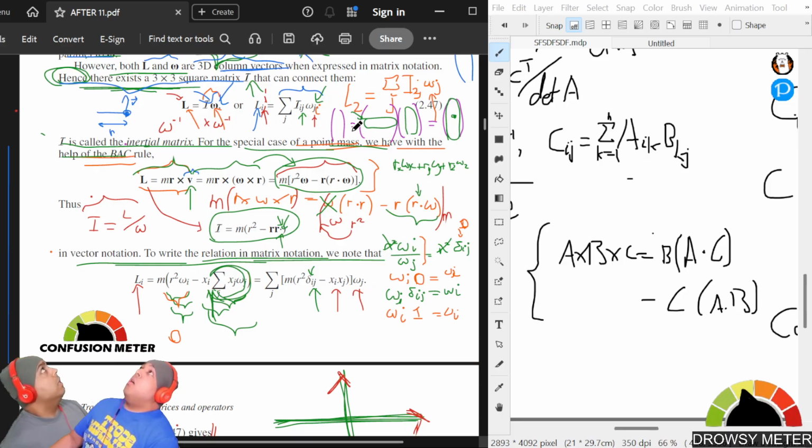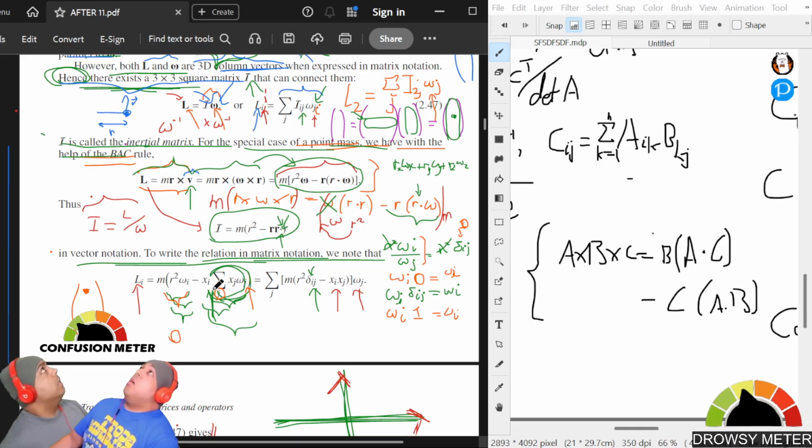Okay, i is the x component of L_i, so that's the first term in the column vector. j goes from 1 to, let's assume we're doing it in 3D, j goes from 1 to 3.